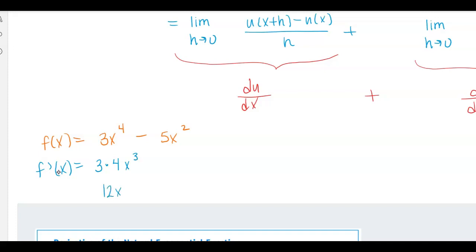So this is a 12x cubed. And then for the second one, the 5 stays where it is. I bring the 2 down and multiply it. And then I drop the exponent down by 1. So x to the first power. So this would be minus 10x. So this is going to allow us to just take the derivative of each term individually without having to go through all of this algebra with taking limits and everything.